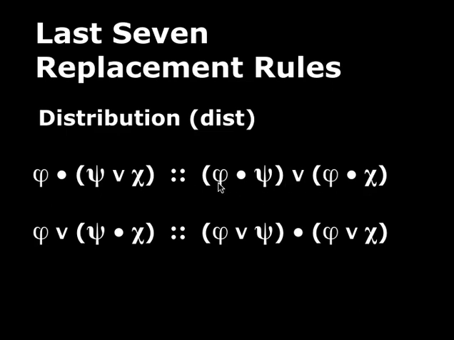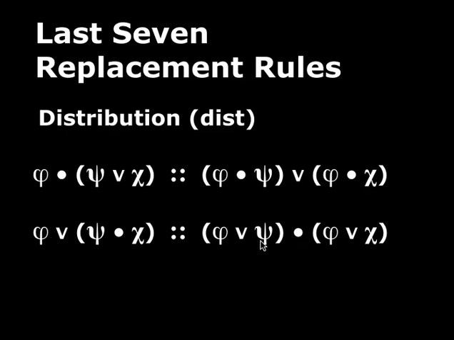If I have a disjunction of conjunctions such that the first conjunct is the same, I have phi here and I have phi here, I can, so to speak, pull that common conjunct out by itself over here. And the same thing works if I just swap dots and wedges.